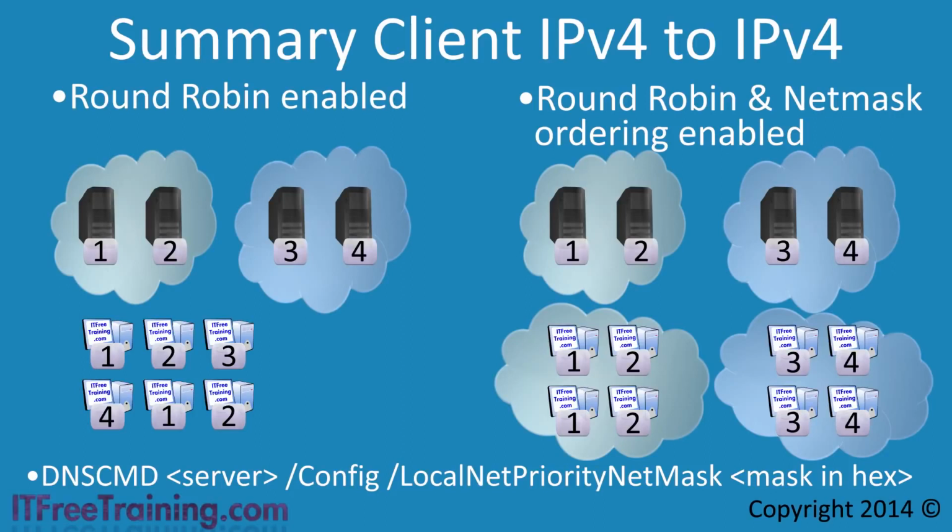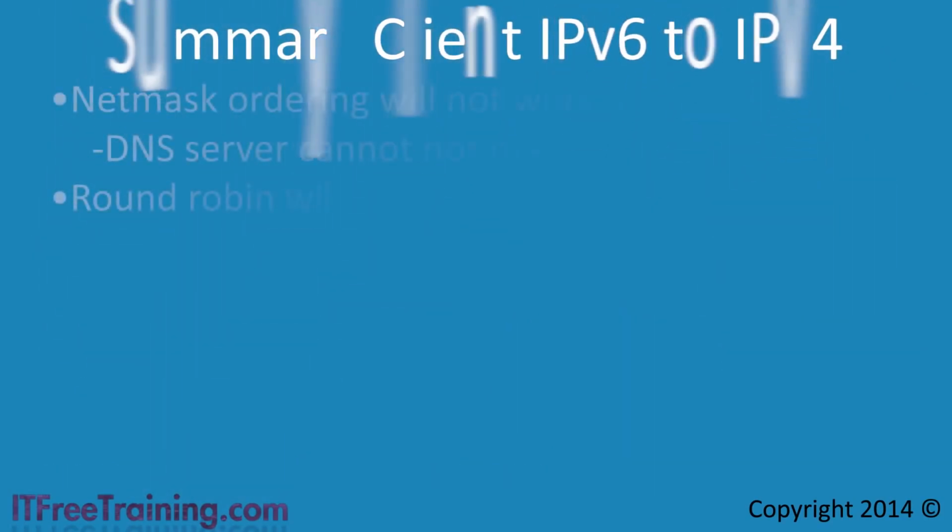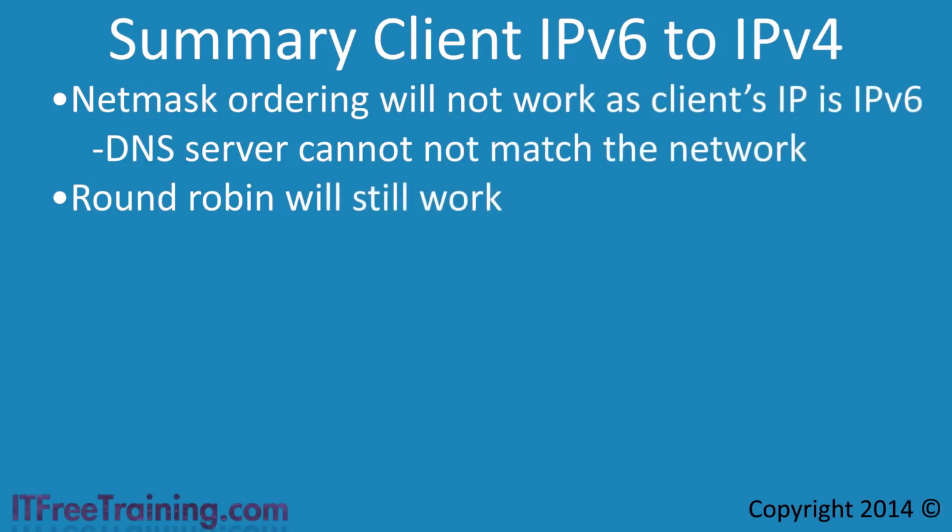Make sure that if you are not using the subnet mask 255.255.255.0, that you run the DNS command to change the subnet mask. Otherwise, you will get some unexpected results. Next, if your client is using an IP6 address, this will effectively break Netmask Ordering when the DNS server only contains IP4 records.